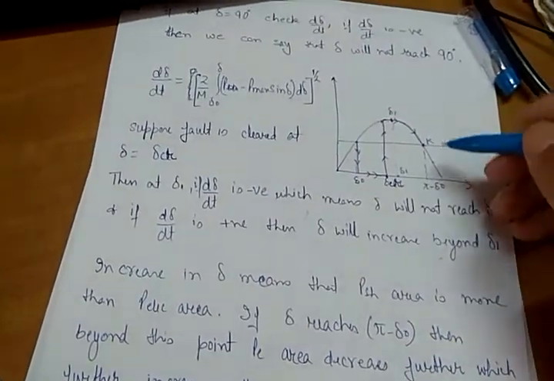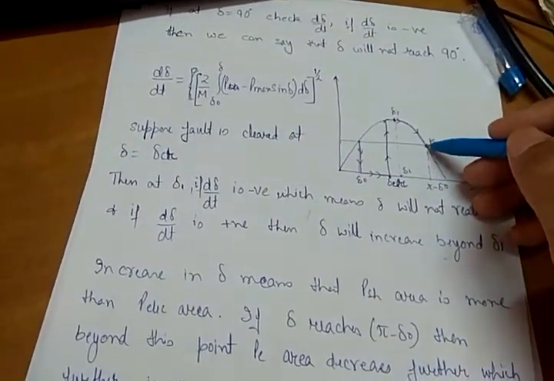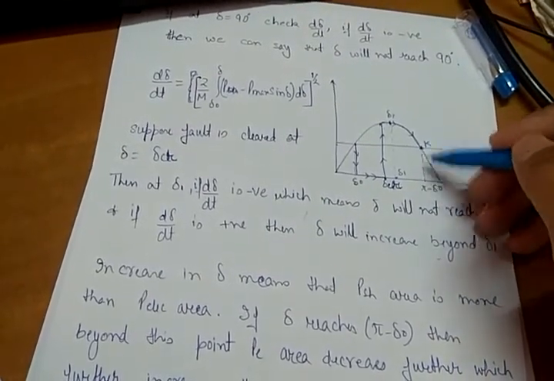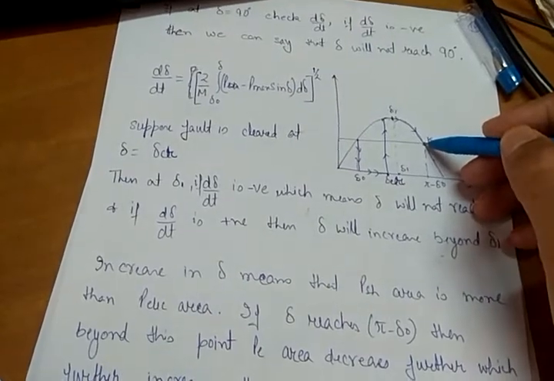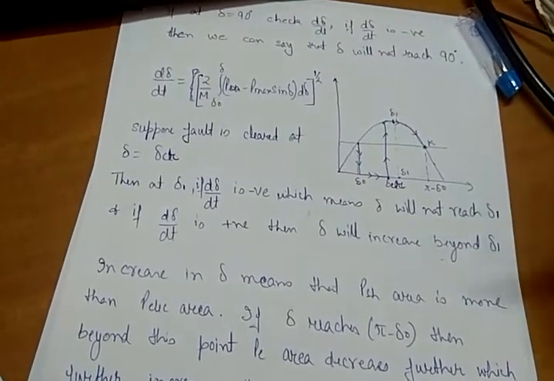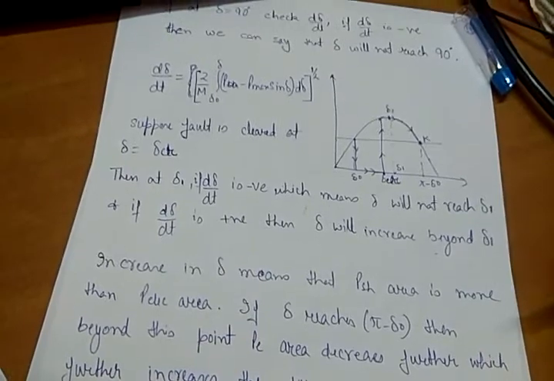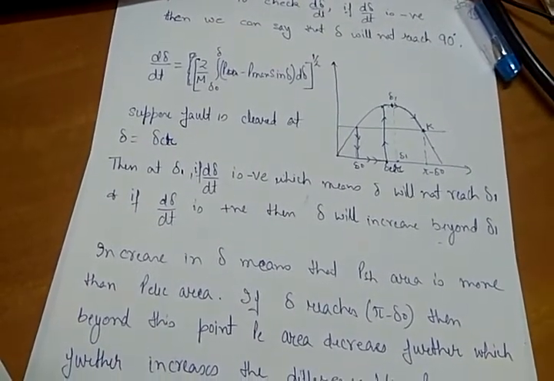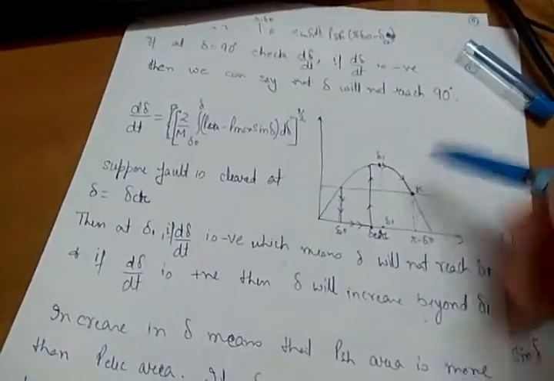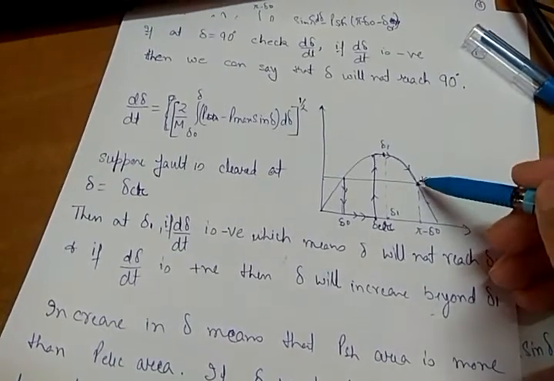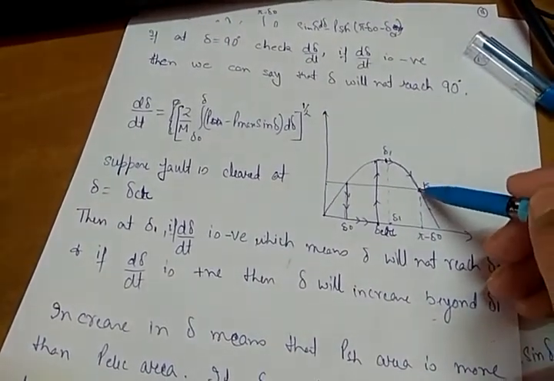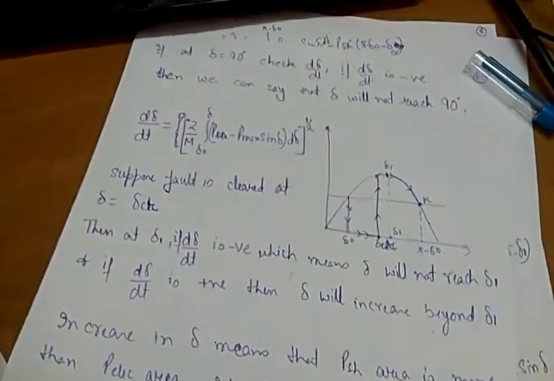So if the increase in delta does not stop before this point pi minus delta naught, then delta will increase continuously and the system will lose synchronism, and this may result in an unstable system. Means we will lose stability, system stability will be lost. So beyond this point, if d delta by dt does not become 0, then delta will increase continuously.